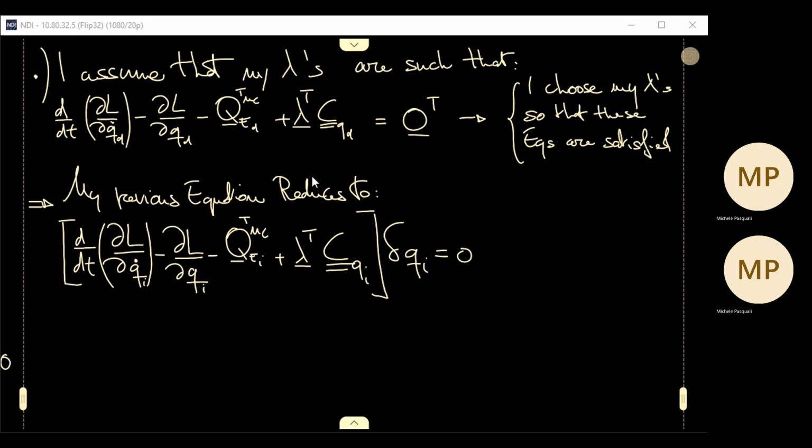You see? But now we are in a rather good condition because in this case we can still pass from this weak formulation to the strong formulation, because here we are only left with independent coordinates.